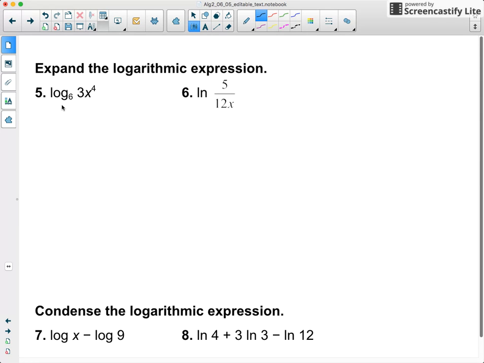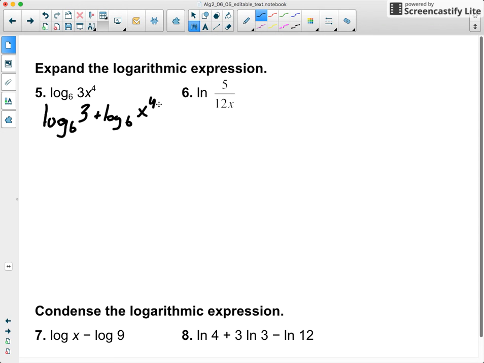So in number 5, we're taking a log base 6 of 3x to the fourth power. Now, since this is only one expression, we're going to be looking at the 3x to the fourth and use our product property. So we're going to take log base 6 of 3, and we're going to add it to log base 6 of x to the fourth.